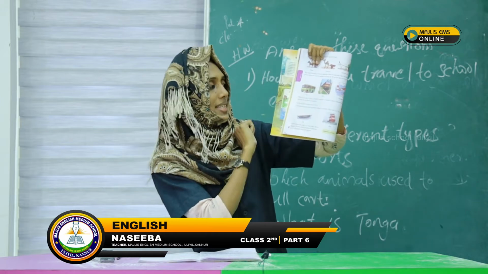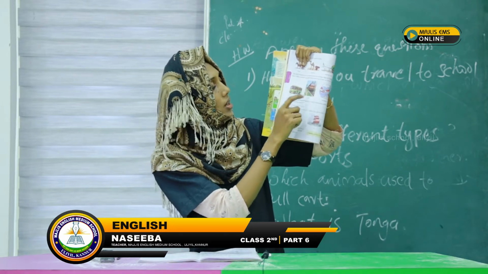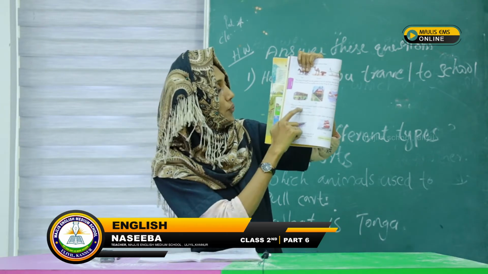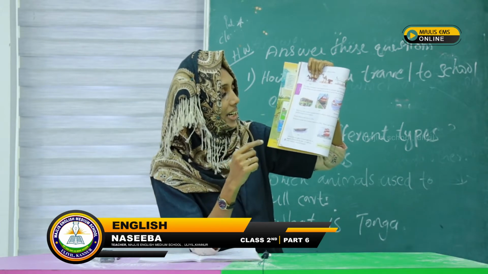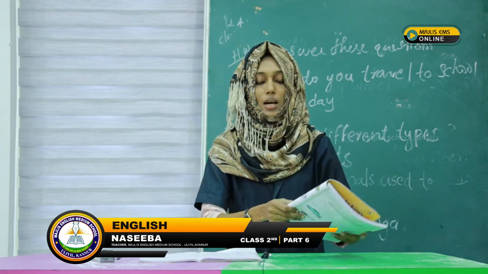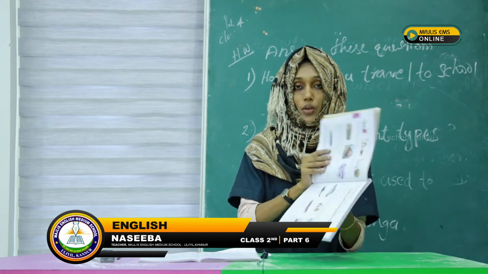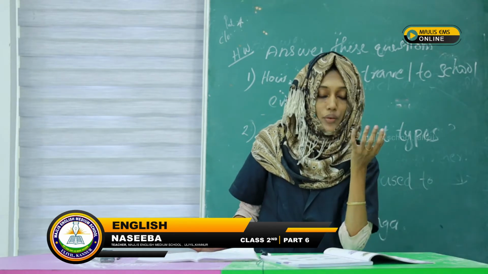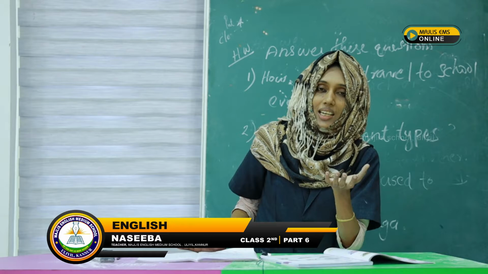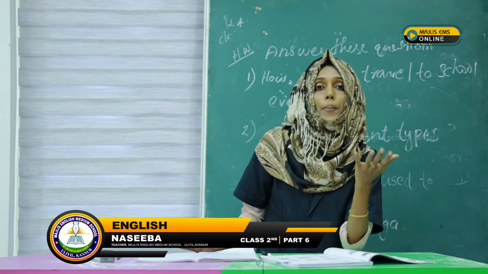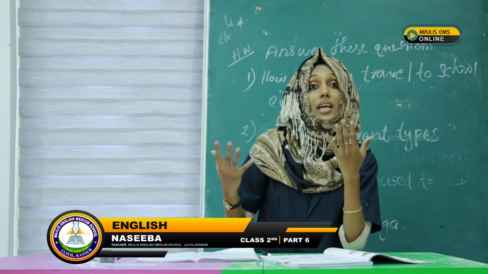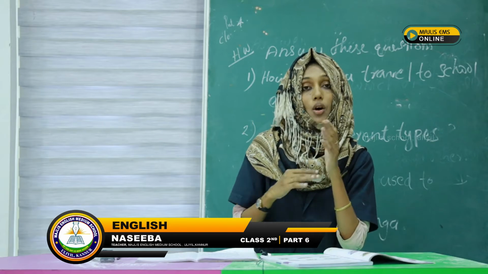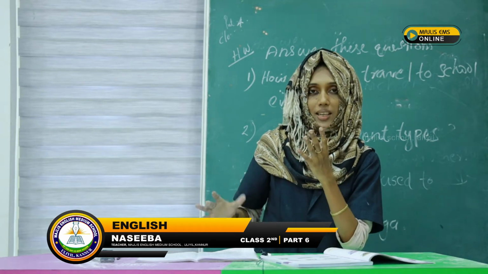And the next one is aeroplane. We use an aeroplane when we want to travel to another country or reach somewhere quickly, for example from India to Dubai or from India to America.